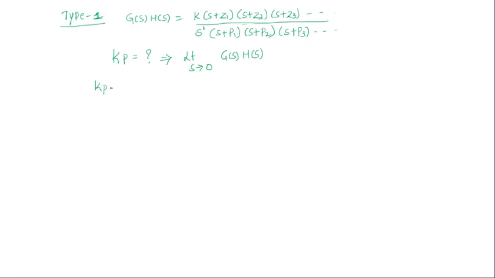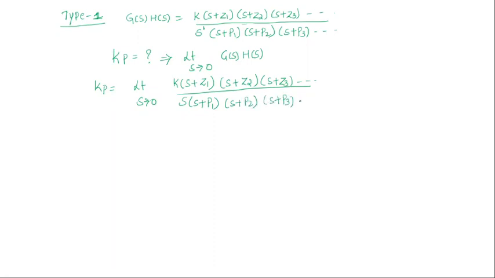Then Kp becomes limit s tends to 0 of K into (s plus z1)(s plus z2)(s plus z3) and so on divided by s into (s plus p1)(s plus p2)(s plus p3) and so on.